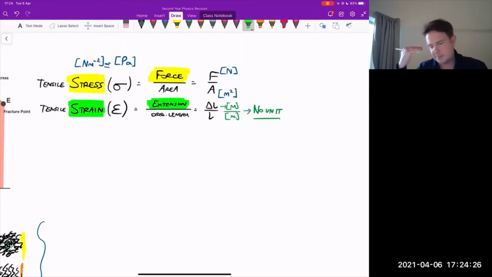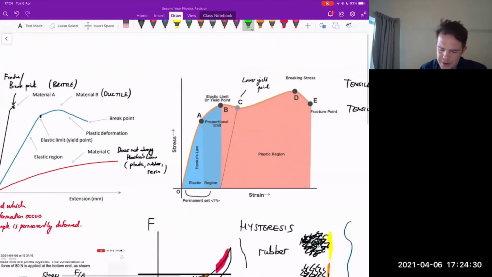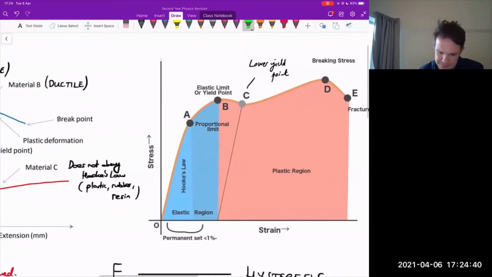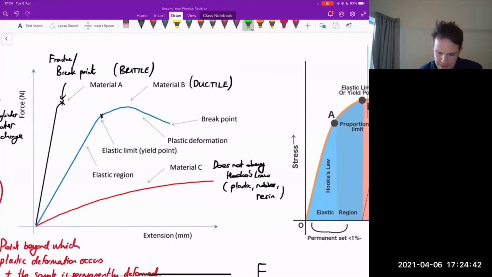So stress, force, strain, extension, which means it's not surprising that a stress strain graph looks basically the same in terms of shape. Look at the first bit of the graph, look at the blue line. We've got a straight line, Hooke's law obeyed, then decreasing gradient, and we get some interesting behavior after that.